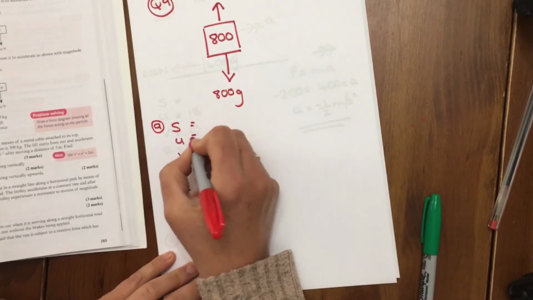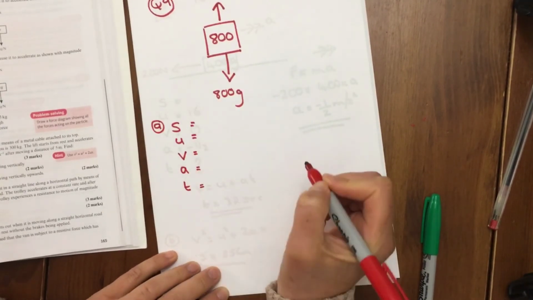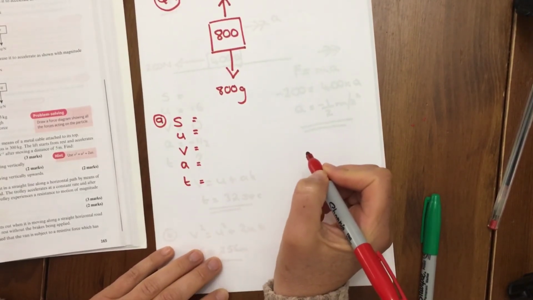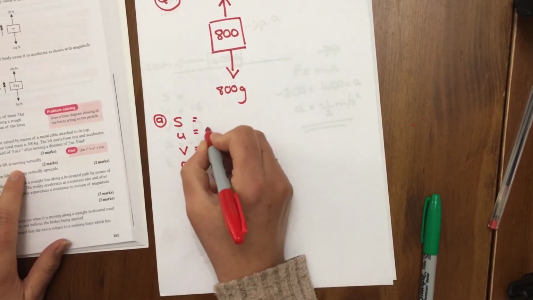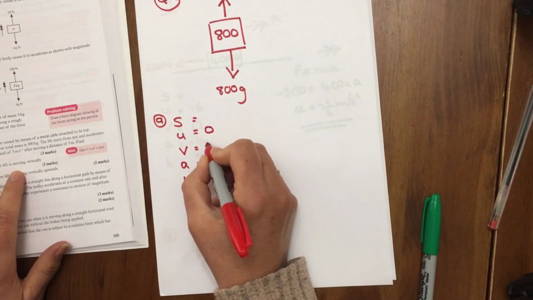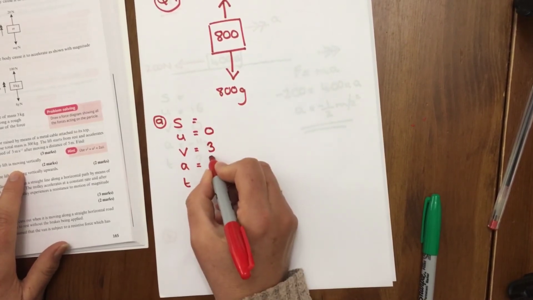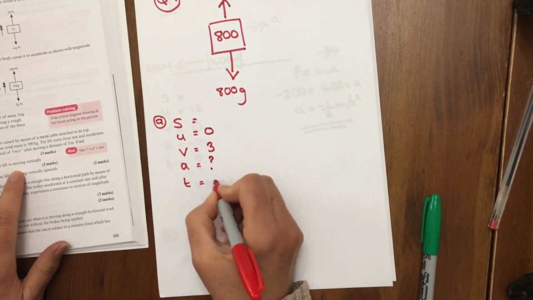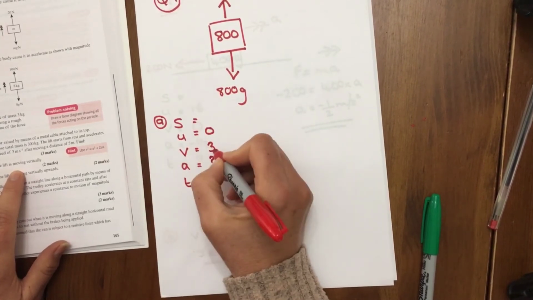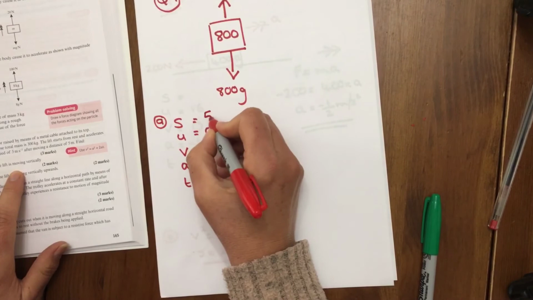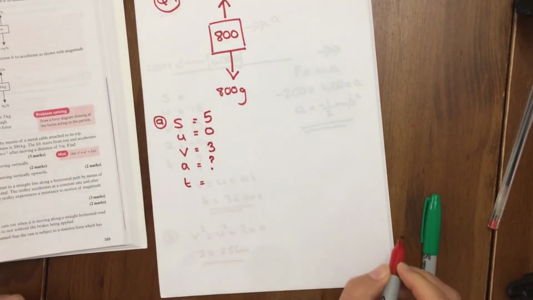we are going to find the acceleration. So you're told it starts from rest and it reaches a speed of 3. We want to find A, time is not involved, and it reaches the final velocity of 3 after moving a distance of 5 meters.